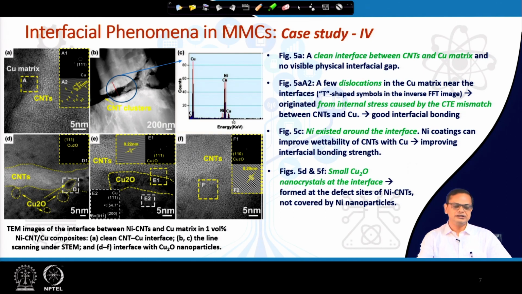Now, here if these kind of dislocations are present, which could be because of residual stress generation at the interface, that means this residual stress is not getting released, or in other words the interface is quite adherent. Only then will this kind of residual stress remain there, and because of that dislocations could get generated.